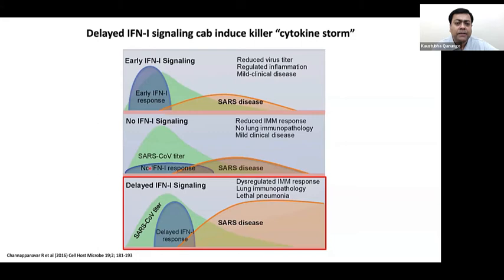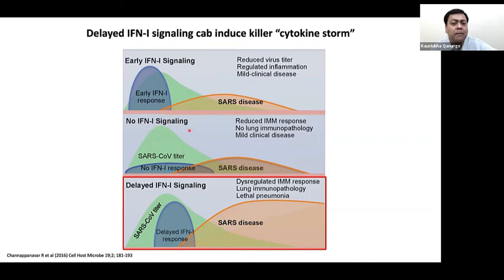See what happens in other cases. If you have an early IFN response after the infection, you can see that there is a regulated inflammation and mild clinical disease. This was experimented in mouse with the original SARS-CoV, the classic SARS of 2002, not the SARS-CoV-2.